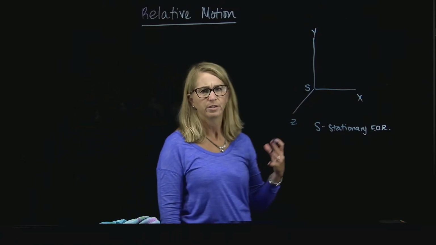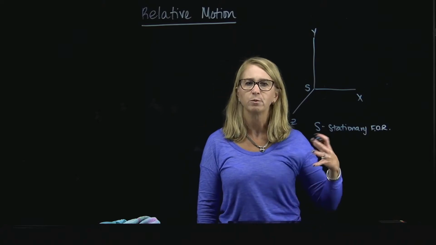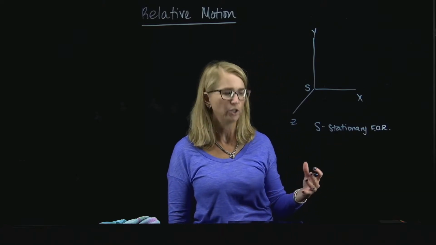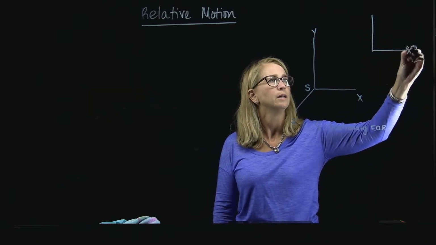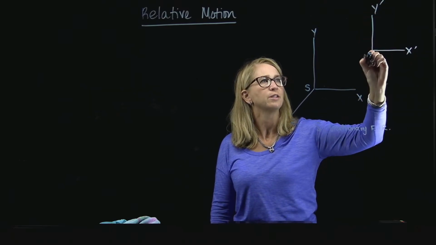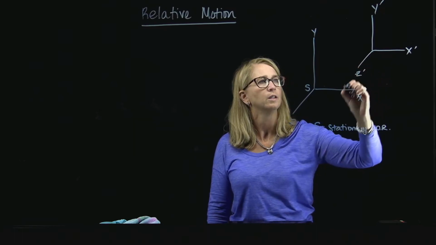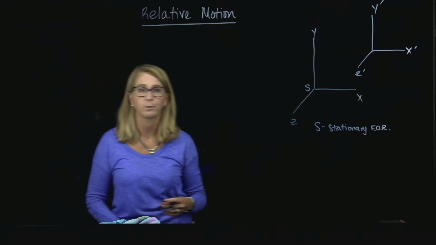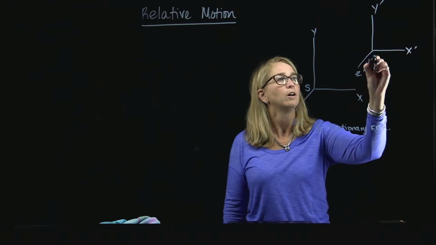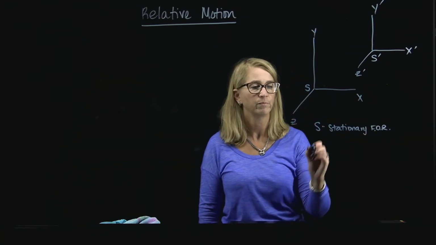And then there's this other frame of reference that's moving with respect to the stationary one. And so I'm going to draw that one here. And we'll just label the axes with primes to represent the fact that it's a different frame of reference. And we'll call this S prime.